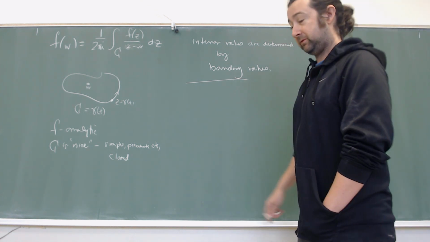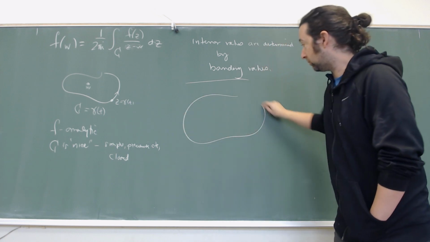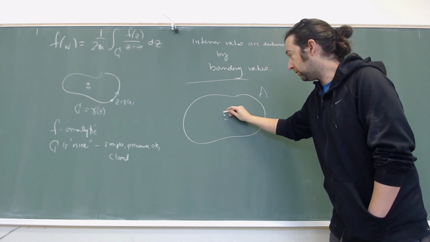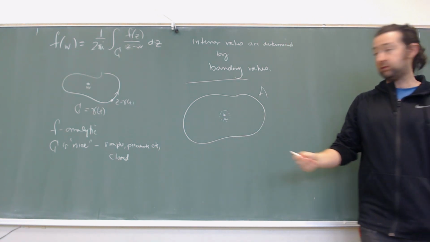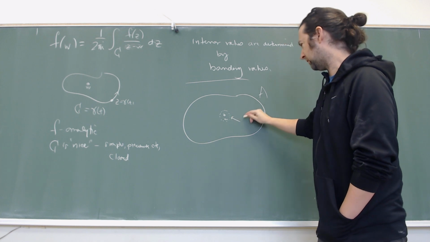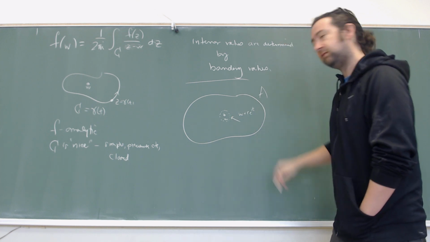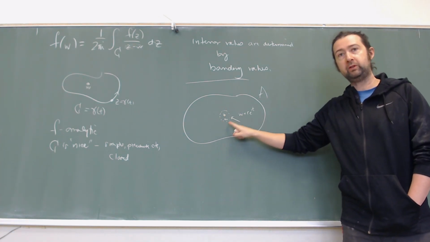So if you started in some domain A, and you pick a point w in the interior, you can find a little circle around w of radius r, parameterized as w plus re to the it. So you have some circle that goes around the point.